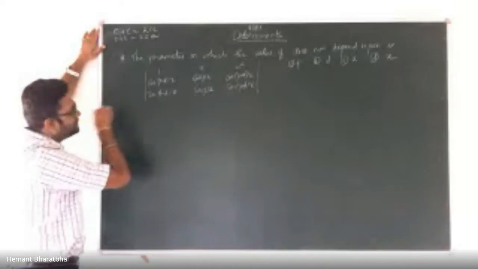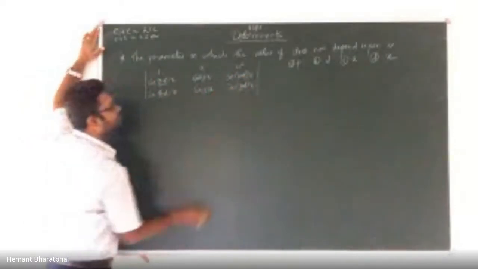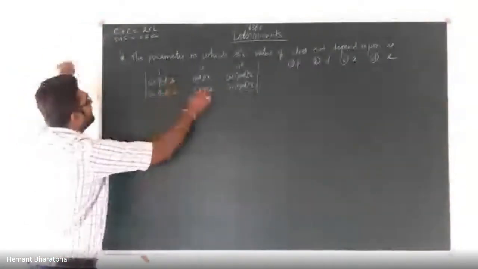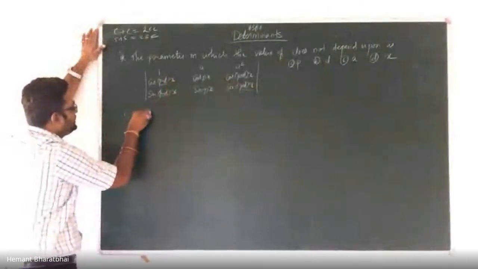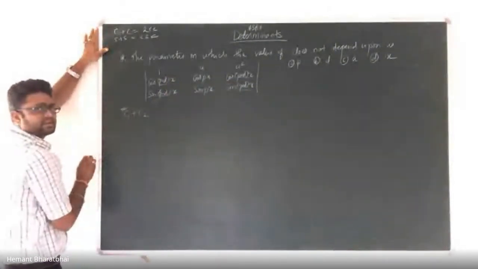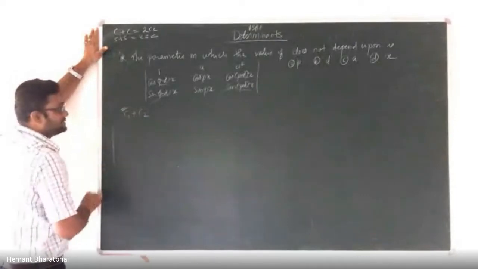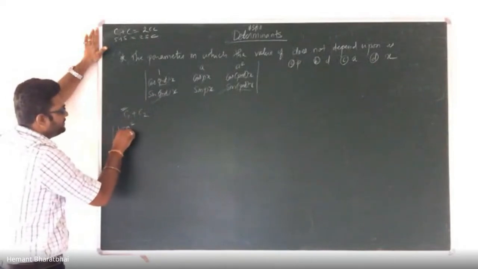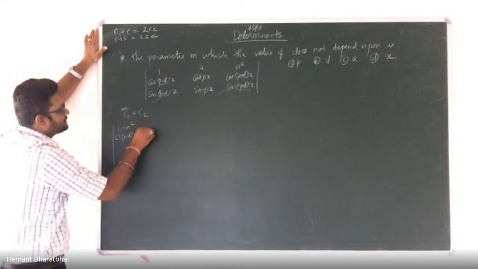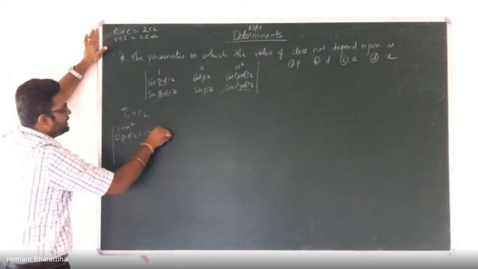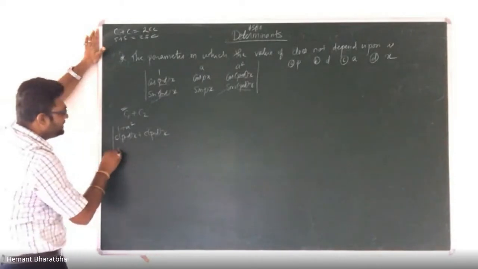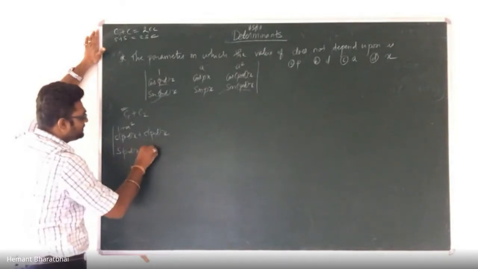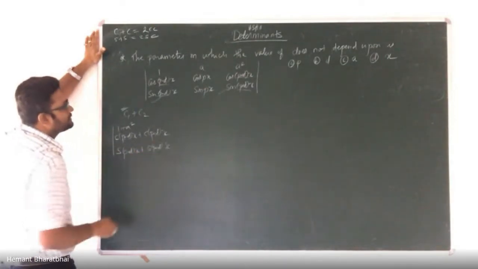So first, my aim is to remove this angle. I'm going to add this column, this column, and this column. So I'm going to do C1 plus C2. The transformation occurs only in C1, so C2 and C3 stay as they are. So 1 plus a square, this will become cos(p minus dx) plus cos(p plus dx), and this will be sin(p minus dx) plus sin(p plus dx).